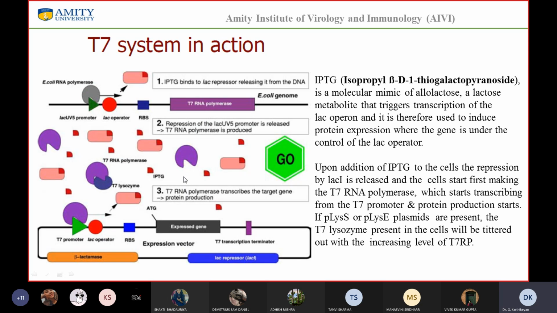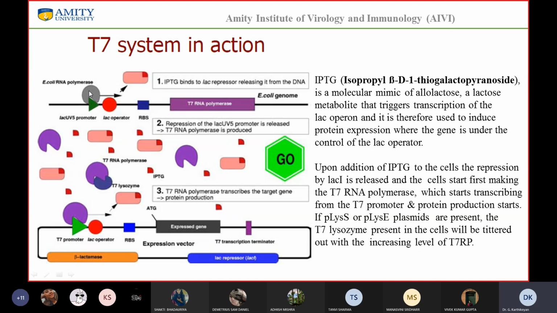What happens after, when the T7 system is in action? Typically you will use IPTG for inducing this expression system. The moment you add IPTG, it will bind to the repressor, and once it binds, the repressor comes off.